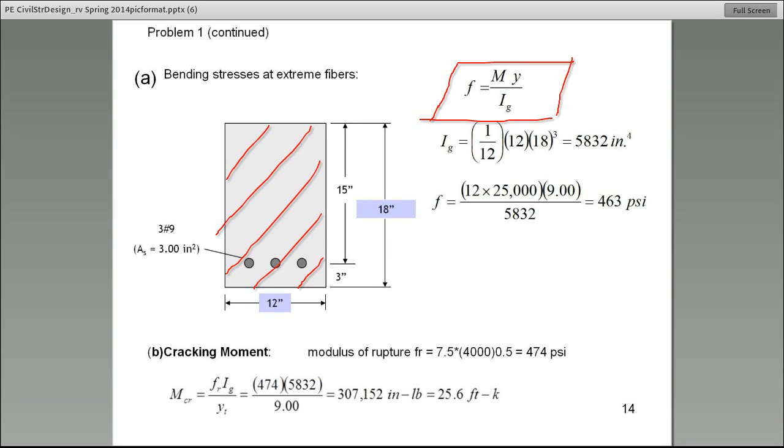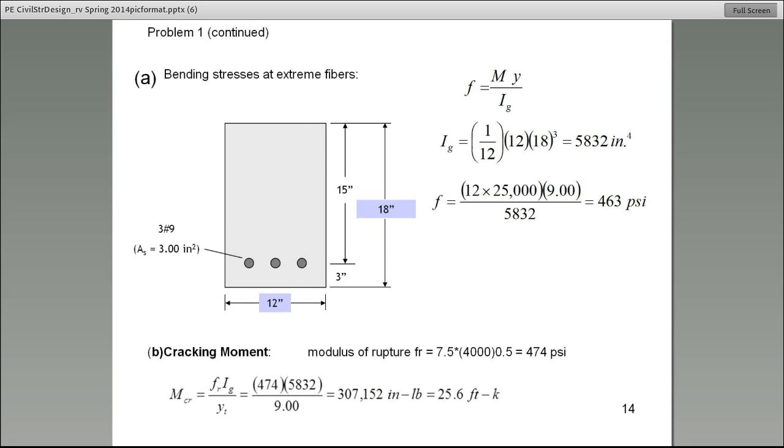Let me see if I can erase some of these things. I guess I cannot. I did it. So the moment of inertia here, I, is 1/12 times b, the base.